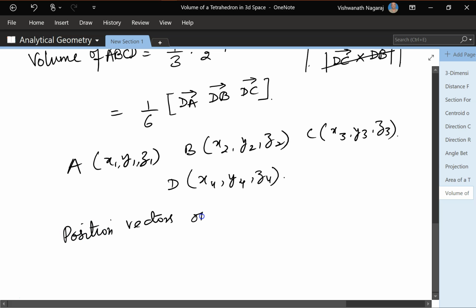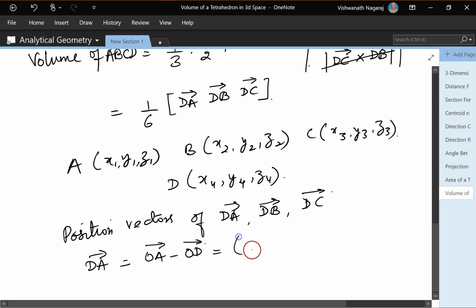The position vector DA would be OA minus OD, which would be x1 minus x4, y1 minus y4, z1 minus z4.